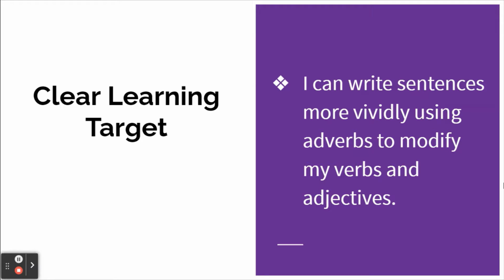So this is the main difference between adjectives and adverbs. Adverbs will modify your verbs and can also modify adjectives. So they do not modify nouns. Adjectives modify nouns. Let's make that distinction from the get-go.